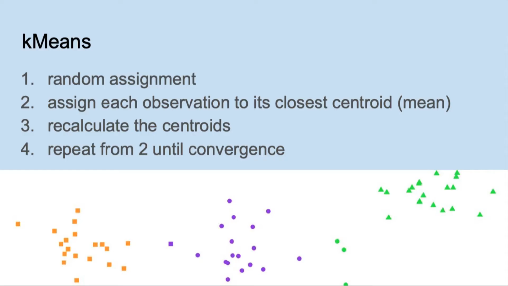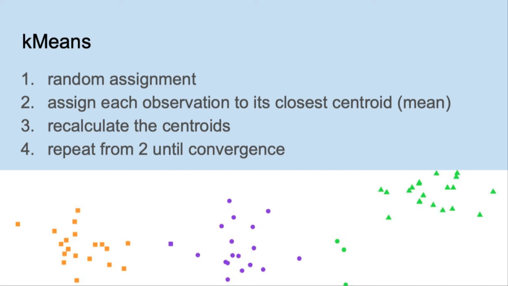There are many variations of the kMeans algorithm, but generally they follow this pattern. First, a random assignment to clusters is given, and then each observation is assigned to its closest centroid, or mean. Then the centroids are recalculated, and steps 2 and 3 are repeated until convergence.